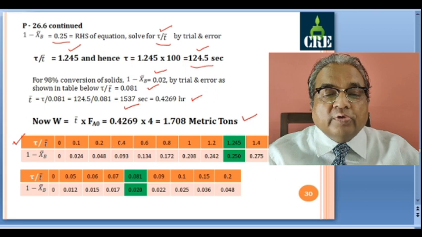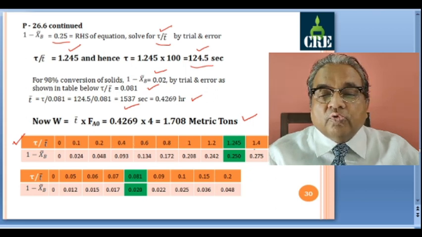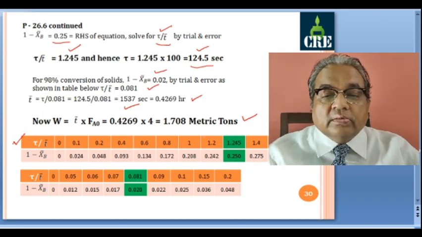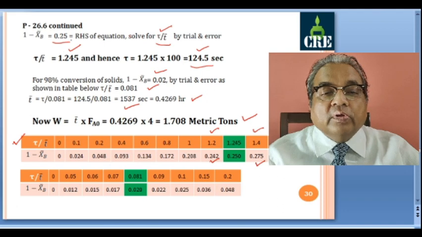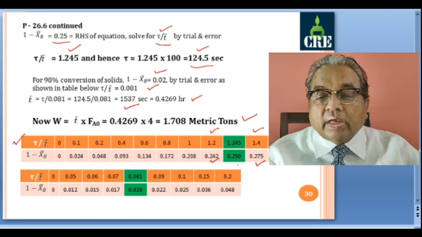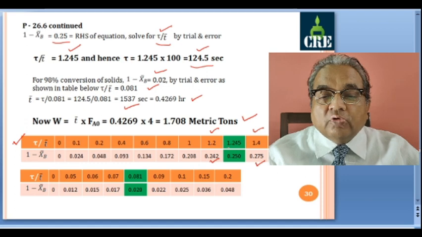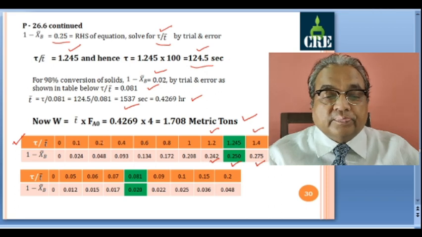So I am taking the values 0.1, 0.2, 0.4, 0.6, 1, 1.2, 1.4, 1.6, and when I calculate for 1.2 and 1.4 I get the values 0.242 and 0.275. I want 0.25, so I know my solution is between 1.2 and 1.4. If I try one or two values, I get this exact value, 1.245.